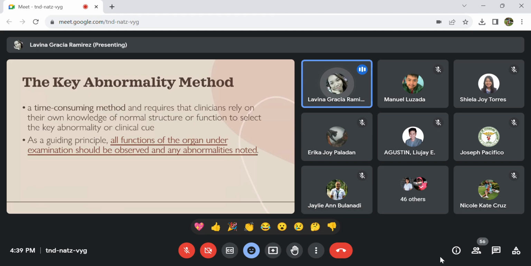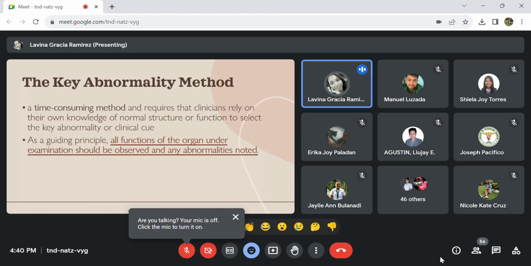The key abnormality method is a time-consuming method that requires clinicians to rely on their own knowledge of normal structure or function to select the key abnormality or clinical cue. In short, this is the understanding of anatomy, physiology, and pathology applications, your paraclinical and basic sciences and your clinical skills in determining the cause of conditions.